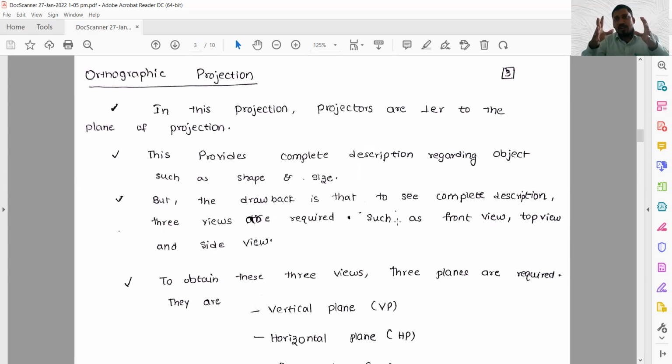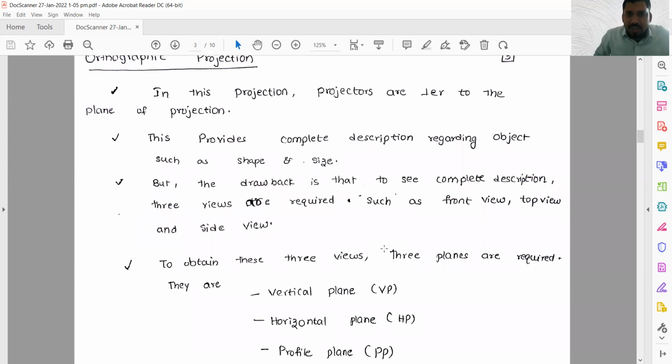So in orthographic projection, as I discussed just now, 3 views finally come. Using these 3 views, the observer finally identifies the total shape and size of the object. Those 3 views I have mentioned on this slide. What are they? The vertical plane gives the front view.